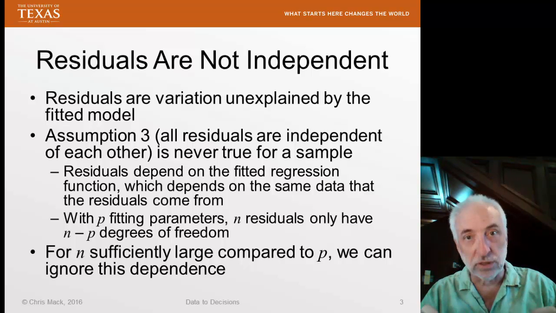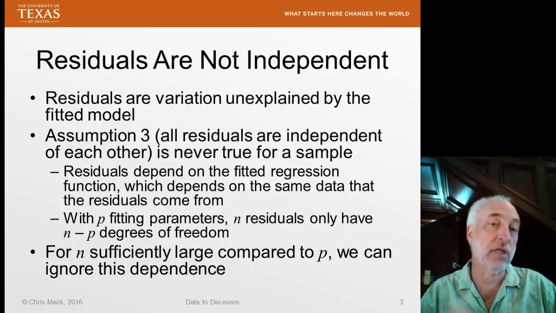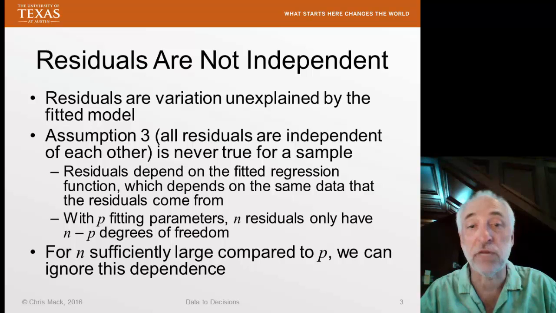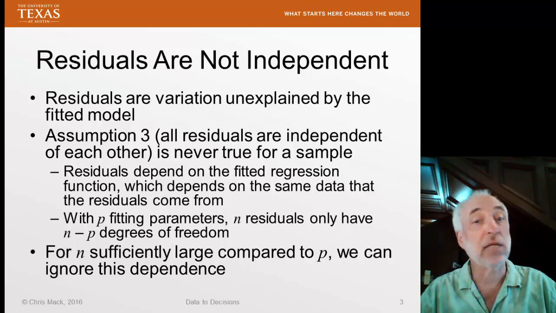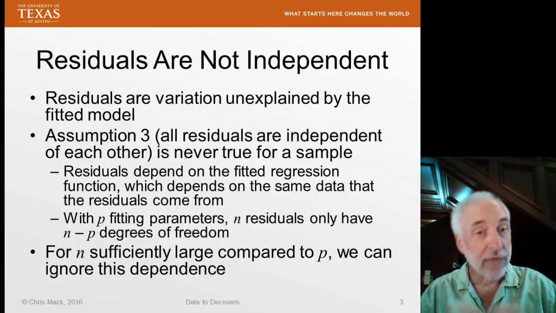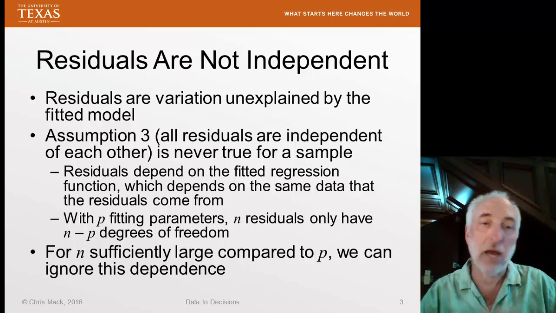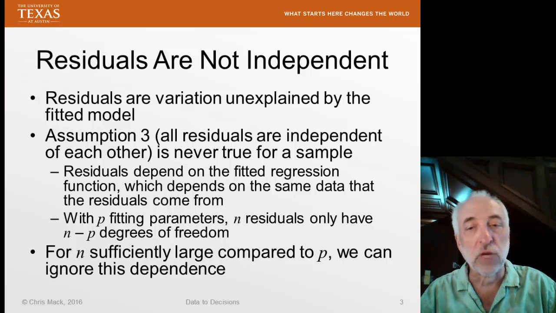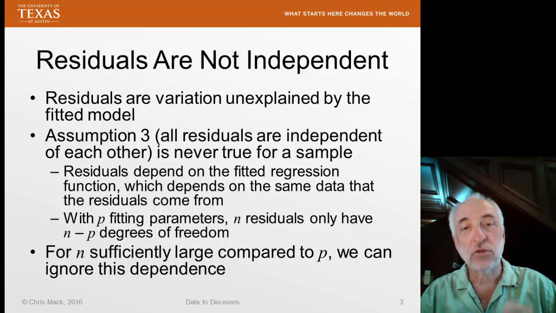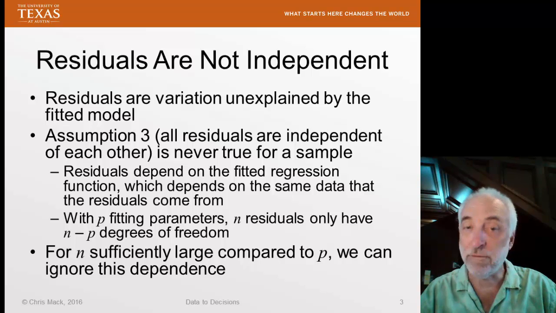Just because the residuals of a fit for a given sample are not independent of each other because of this constraint with the p fitting parameters, doesn't mean we can't try to test the assumption that the residuals for the population, for the true model, if I knew the true model somehow and I calculated the true residuals, then those true residuals could very well be all independent of each other, even though model residuals for my fit are not, because of these p constraints.